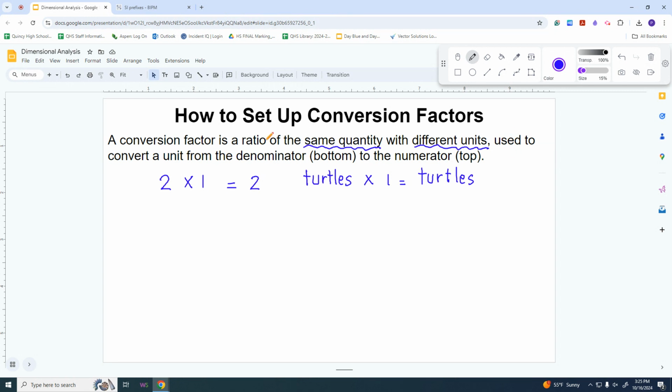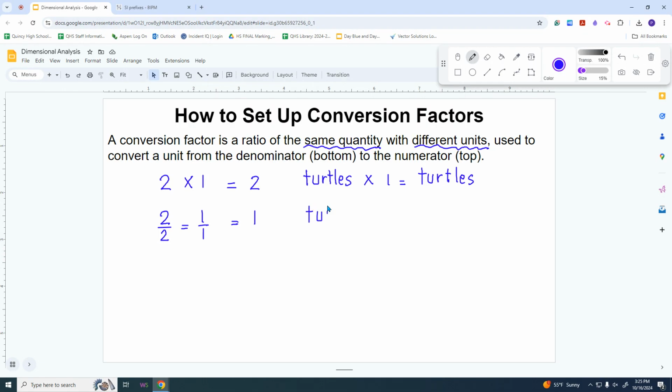So a conversion factor is a ratio of the same quantity. Another thing that you have to understand is the same thing: 2 divided by 2, you can reduce it to be 1 over 1, and that's going to be 1. Okay, the same thing we can use the example of turtles.